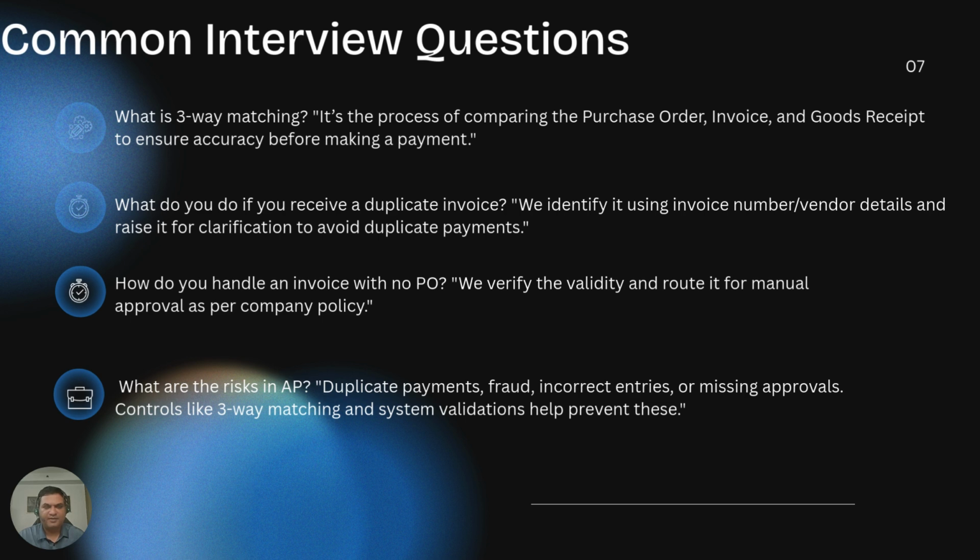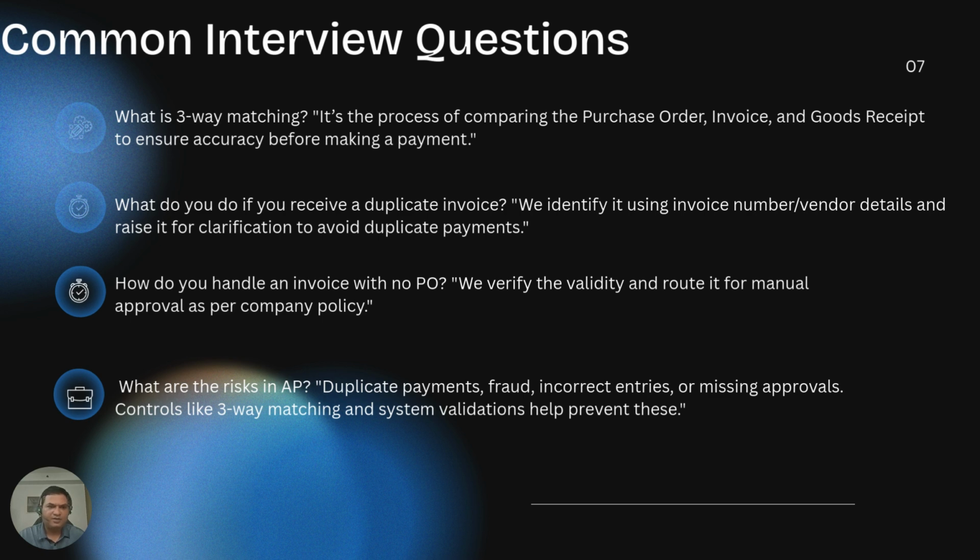The other question in this section you can expect is how do you handle an invoice with no PO? There are a lot of use cases where you get an invoice without a purchase order and you will not be able to refer it back to what product you received it against. So it's an important question that you can expect.